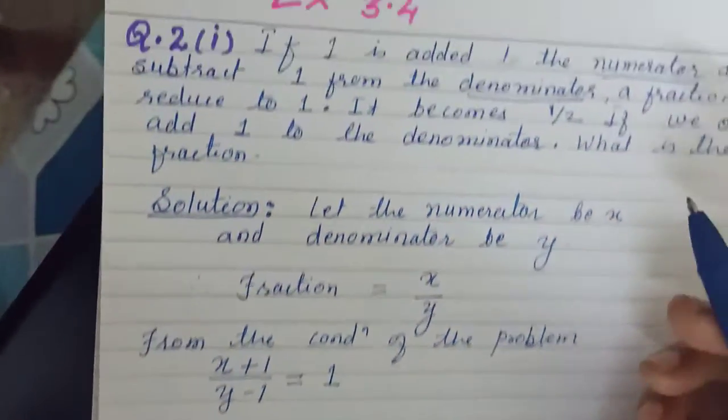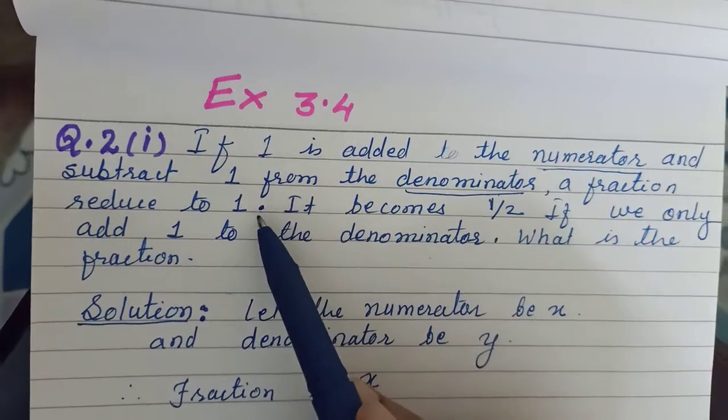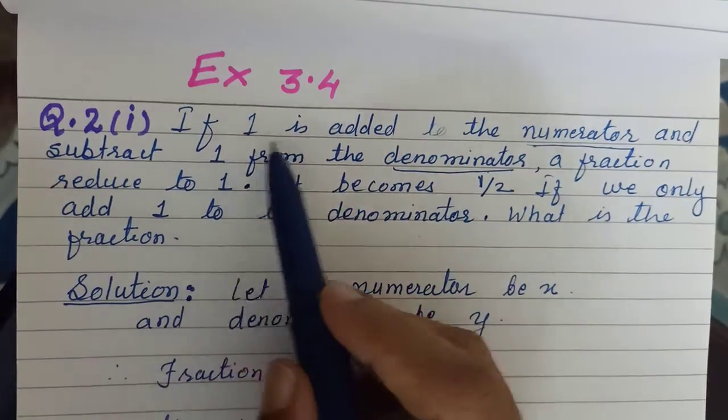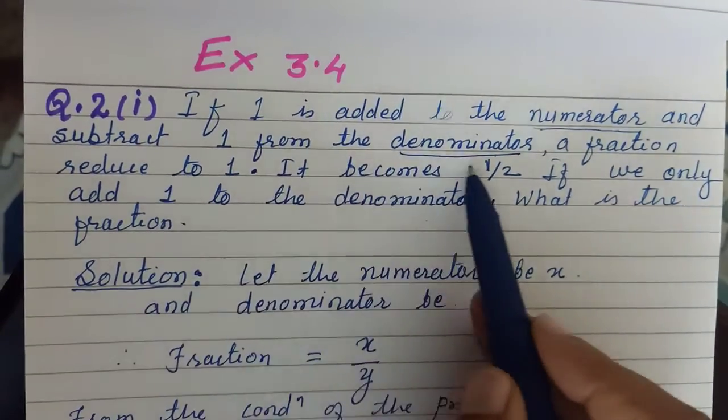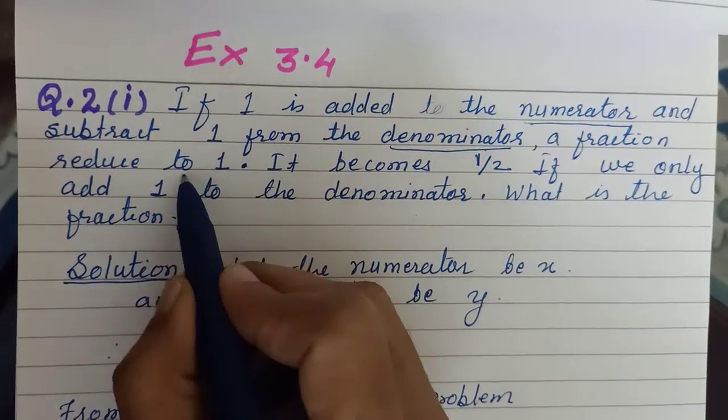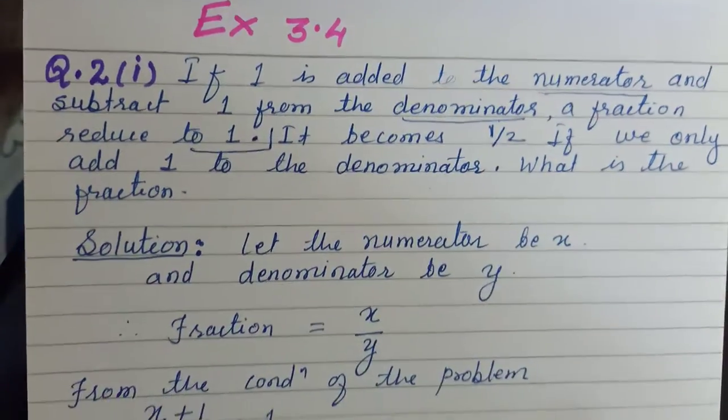Now again the condition is there. Up to here, up to this condition, if 1 is added to the numerator and 1 is subtracted from the denominator, the fraction reduces to 1. Up to here we expressed equation number 1.